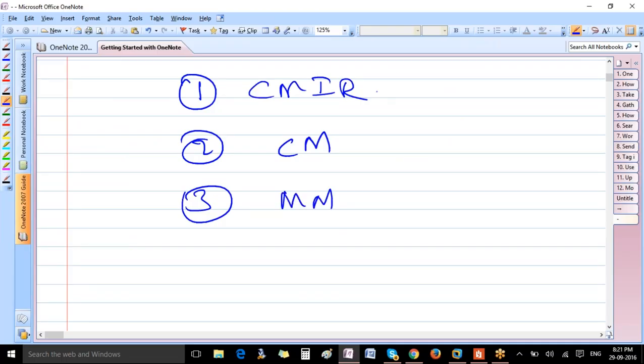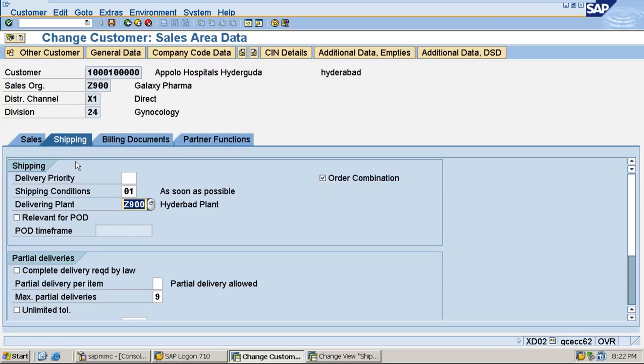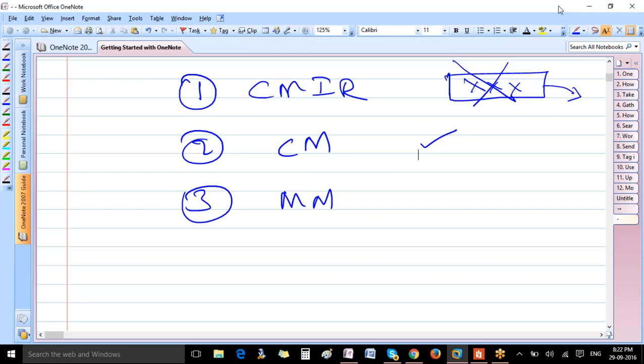That means all three master data have a field called plant. If you maintain plant at CMIR, the system will give first preference to determining from CMIR. If you haven't maintained this, then the system will check in the customer master, in the field called delivering plant under shipping.